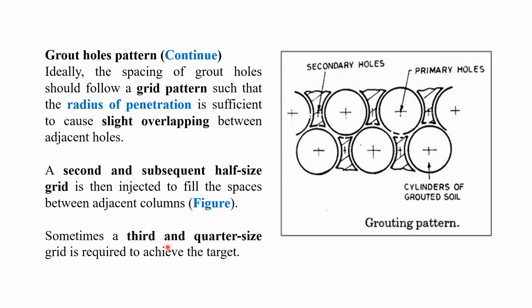Sometimes a third and quarter size grid is also required to achieve the target. That means with the grout hole patterns, by the grouting we have to cover the whole area. That's why we have to go for the primary holes, then secondary holes, and even third and quarter size holes may also be required.